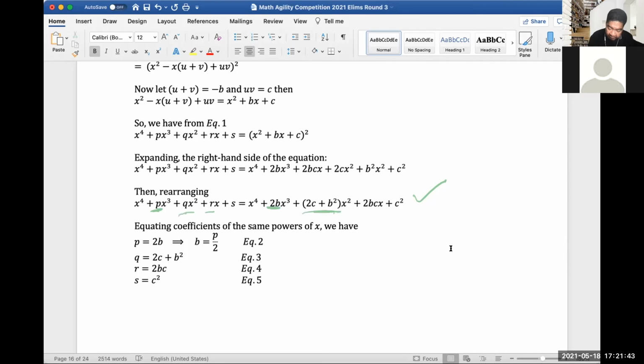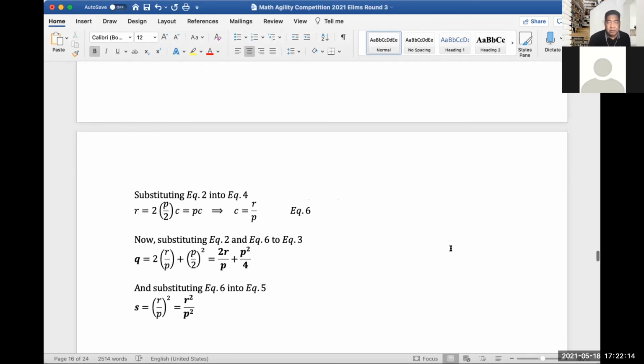And r would be equal to 2bc, and s would be equal to c squared. So we will be able to get equations 2, 3, 4, and 5. So equation 2 is derived from p equals 2b, and b is equal to p over 2. Of course, q is the same as mentioned. R would be the same, which is 2bc, and s is c squared. So let's move to the next step.